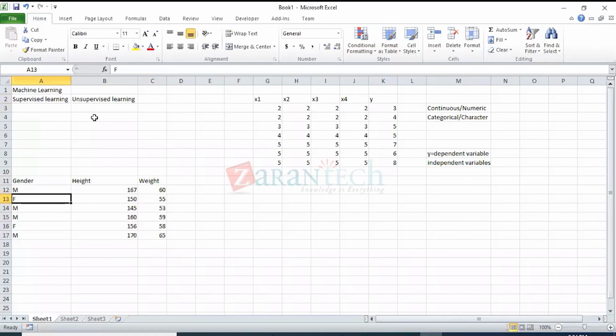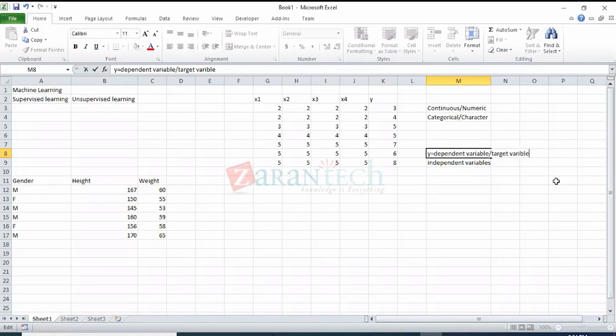Suppose you don't know what your dependent variable is. Going forward, I'll be referring to the dependent variable as the target variable. Just don't get confused, it can be called the target variable as well. In supervised learning, I know what my target variable is, but in unsupervised learning, I don't. Under supervised learning, we have many machine learning algorithms.